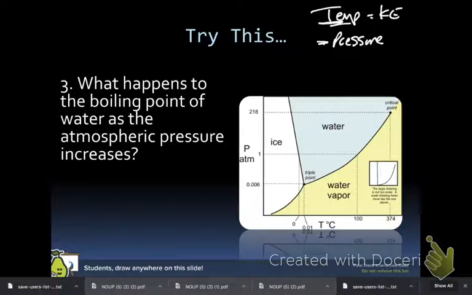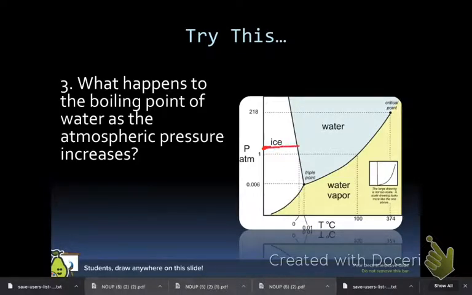So let's look at what happens to our boiling point. All right, so let's say we are in Death Valley, so our pressure is increased. Death Valley is the only place on the surface of the earth that's below sea level, so it's a little bit above 1 atmosphere. Let's see what happens as our new pressure, which is not the normal, hits that vapor pressure line.